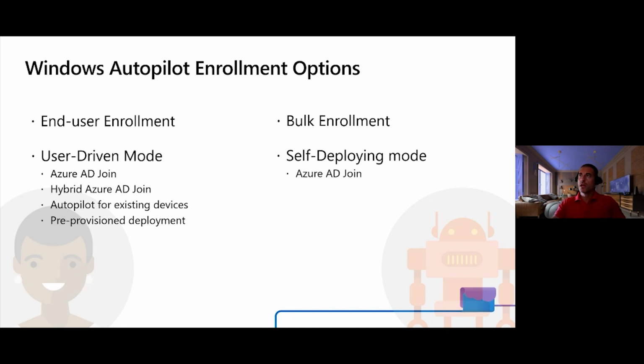The second enrollment option, commonly used for shared device scenarios, is Windows Autopilot self-deploying mode. This mode supports only the modern deployment method, which is joining the device to Azure Active Directory.